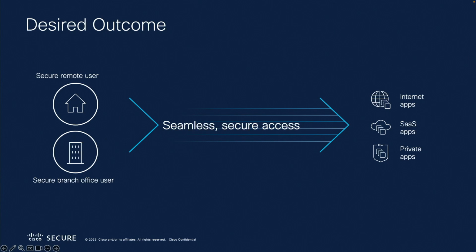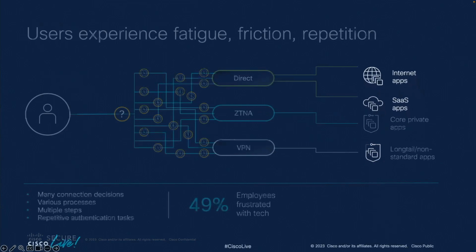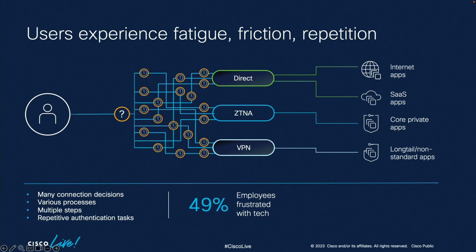And so what this ends up with is some confusion in the end user's experience. When they're trying to access a particular application, how are they supposed to know: do I need to be on VPN, or can I get there directly, or what? It just leads to a very confusing and very frustrating experience.